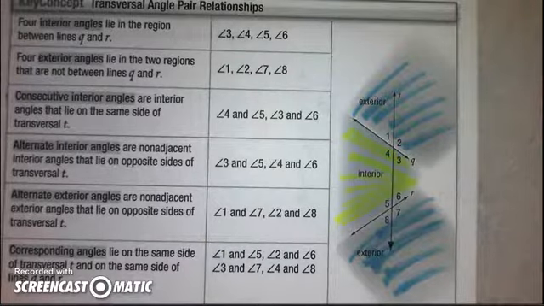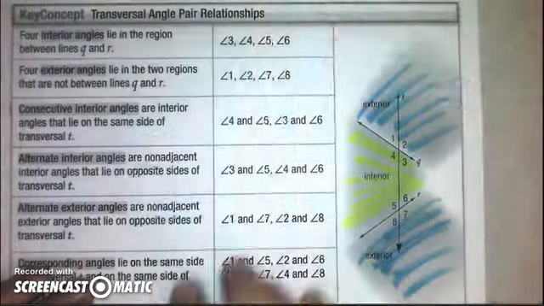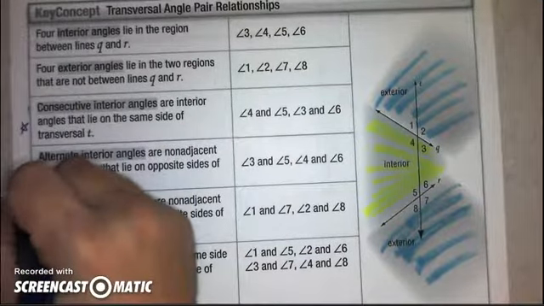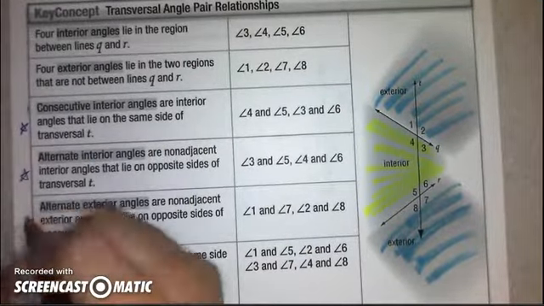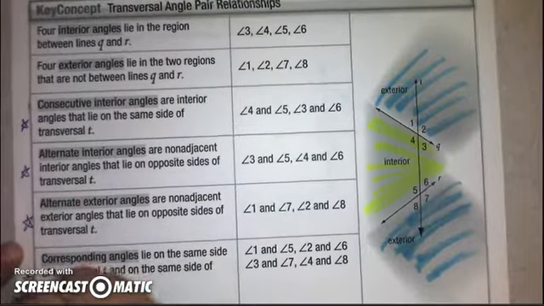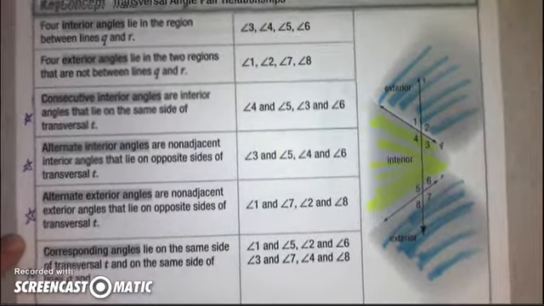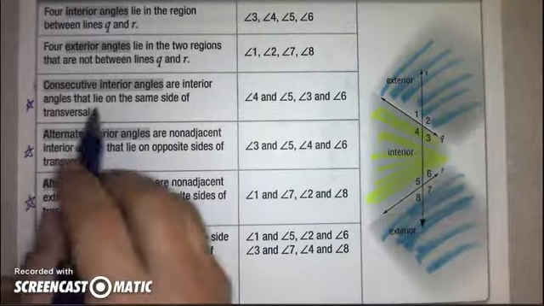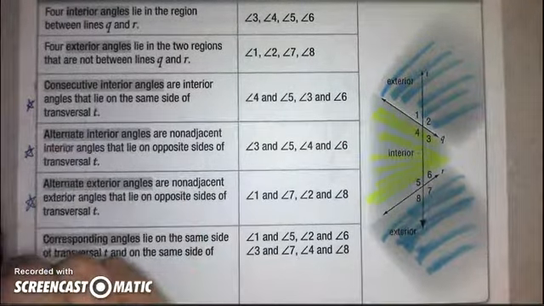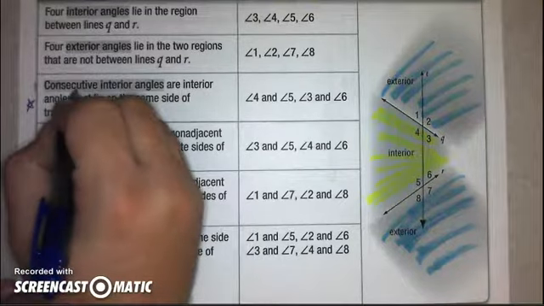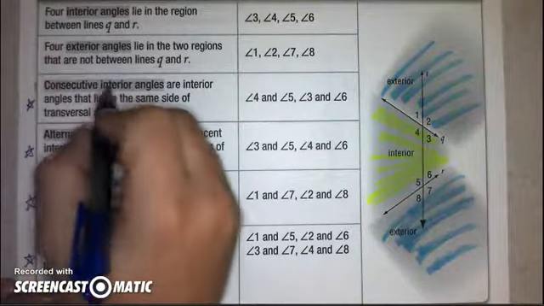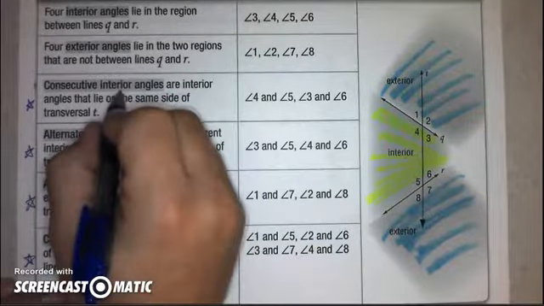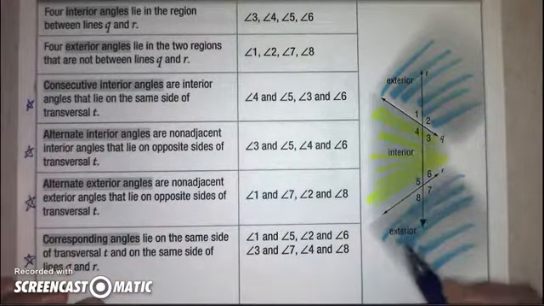All right. Now, when we get these points, we get 4 specific pairings, or 4 specific pairs of angles created by these two lines and a transversal. The first are considered the consecutive interior angles. The word consecutive means in order or next to each other, and then interior are angles between the two other lines.